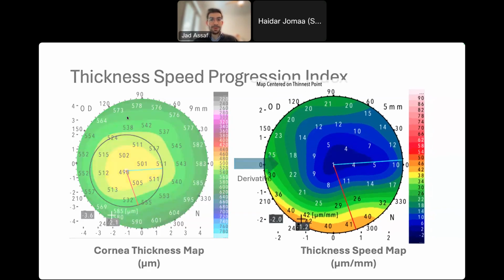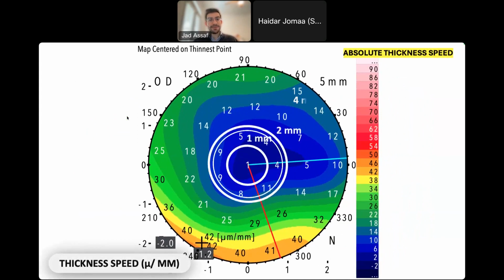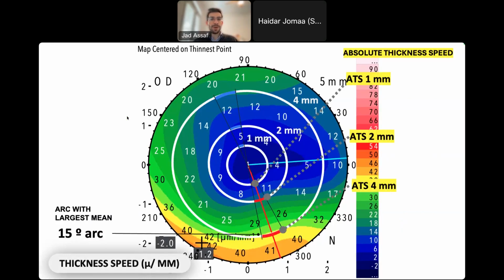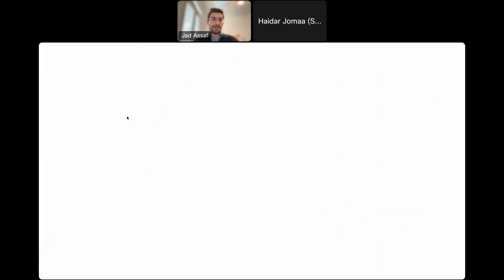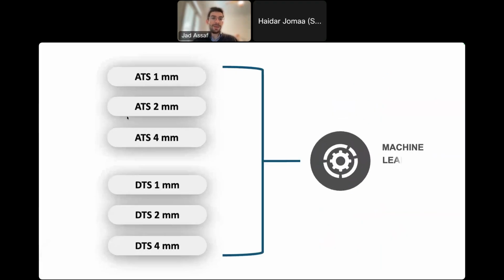And if we look at this map on the right, we were able to extract different biomarkers from this map by doing a search over different arcs at different diameters. And we were able to come up with 6 features in total that summarize this map properly.